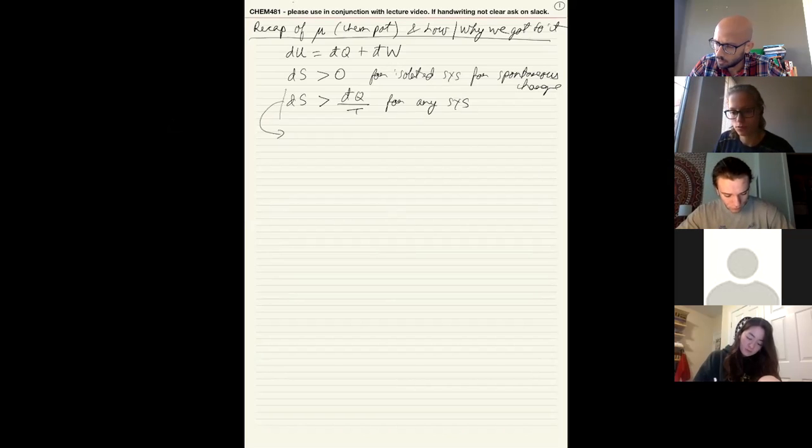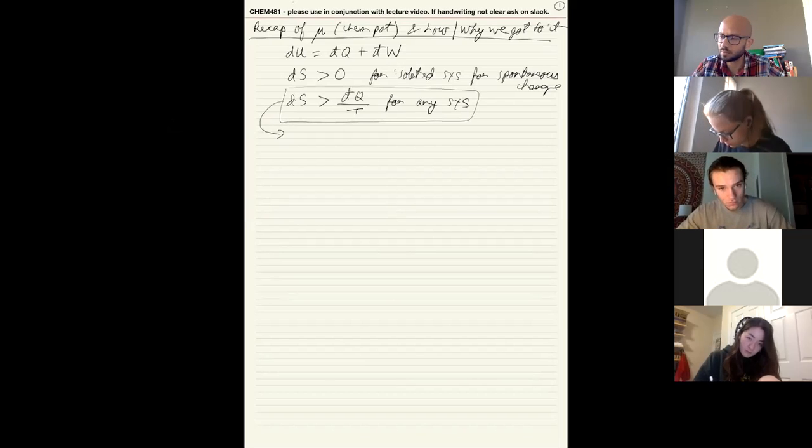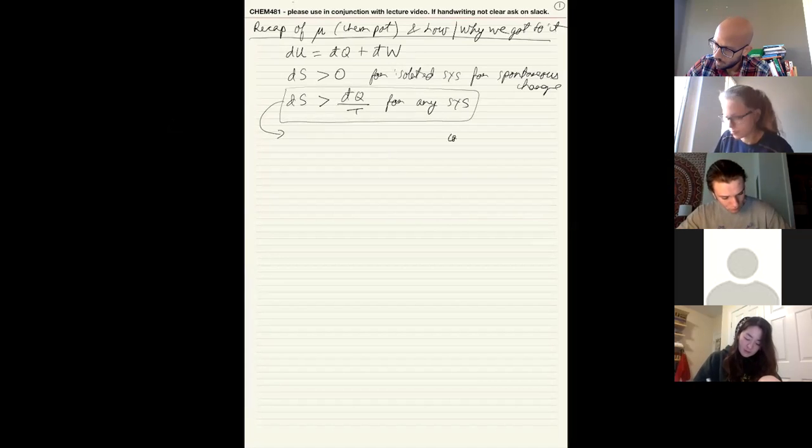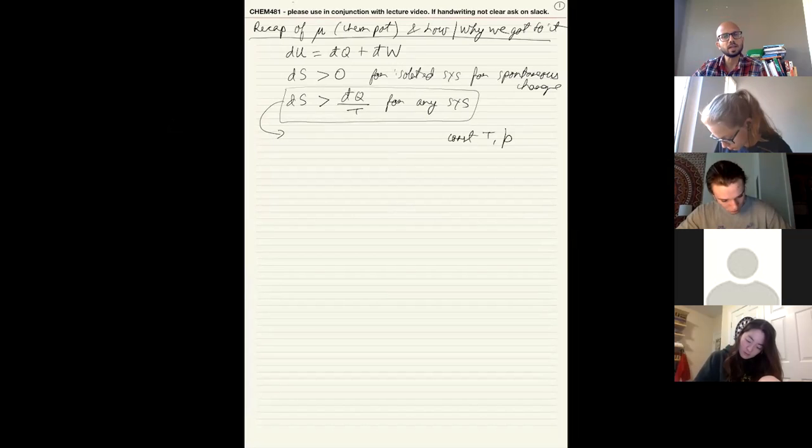So this equation, which is called the Clausius inequality, is interesting, but we wanted to express it in certain other useful forms, right? So the idea was, well, dS is more than or equal to dq by T, that's great. But what if you are carrying out a process at constant temperature and pressure? Can you write it down just in terms of state functions?